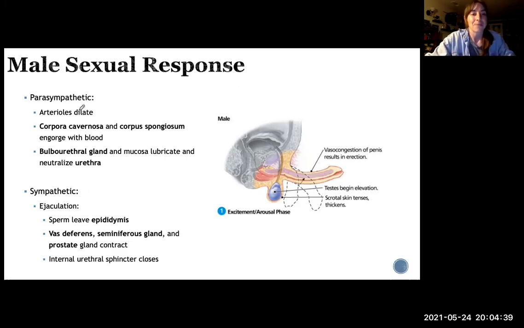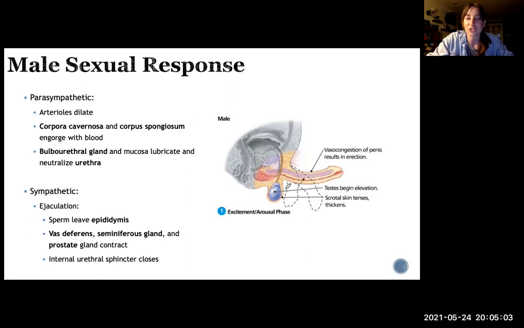So the process of an erection is actually part of the parasympathetic nervous system, and then ejaculation is sympathetic. So you need to be not stressed out in order to attain an erection. And then the sympathetic nervous system kicks in and gets your heart rate going and your lungs pumping for ejaculation, which is kind of trippy.